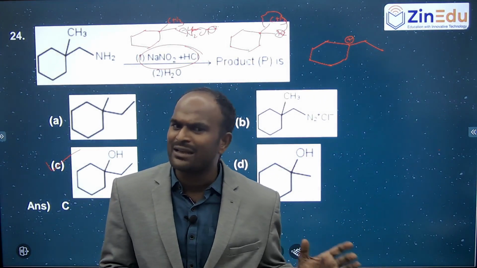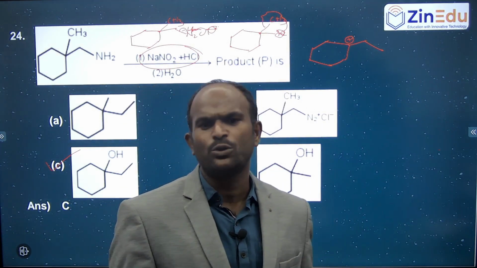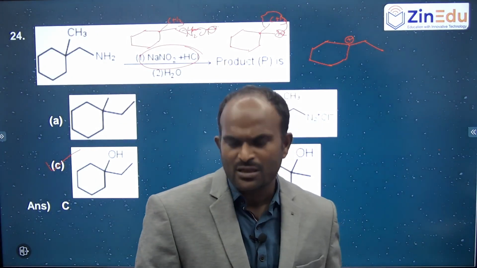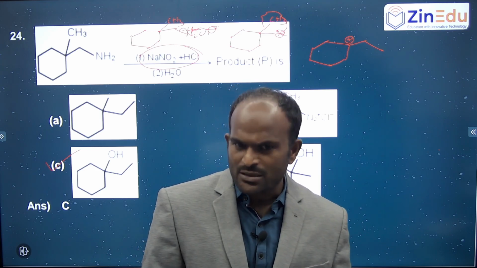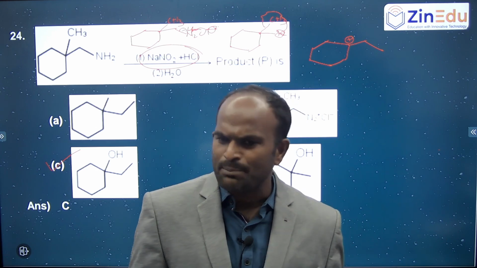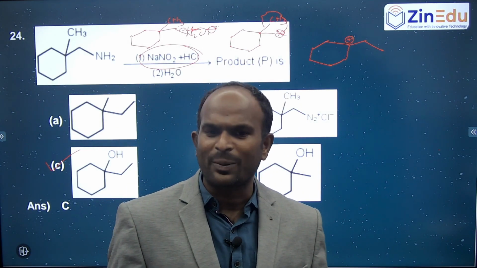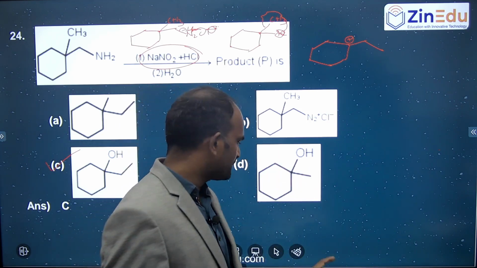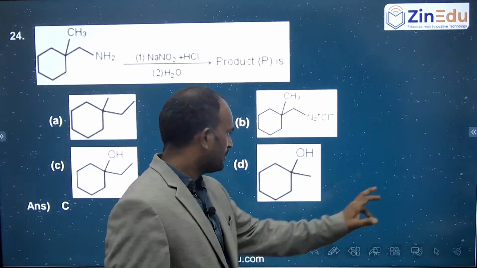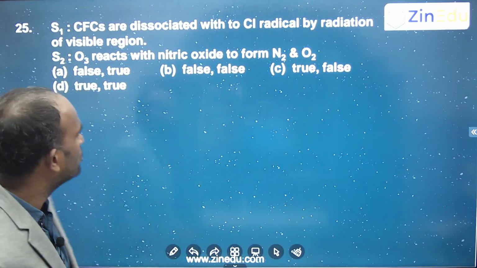It was not there in JEE Mains, but now after changing the pattern, they are absolutely spot on with rearrangements. So just go through the rearrangements of organic compounds once. The rearrangements they are giving are pretty simple, so it is quite easy for students preparing for JEE Advanced. Simple carbocation rearrangements anyone can do.